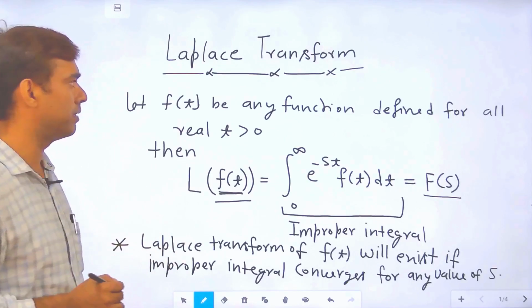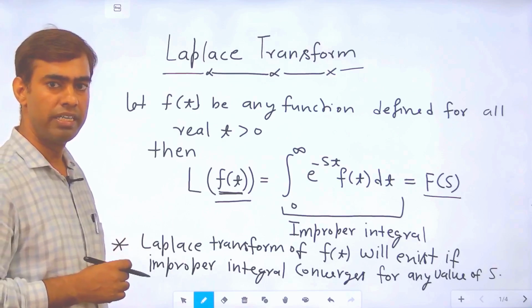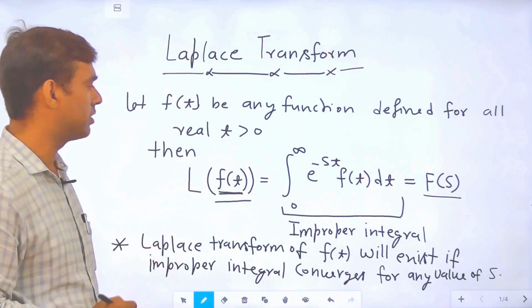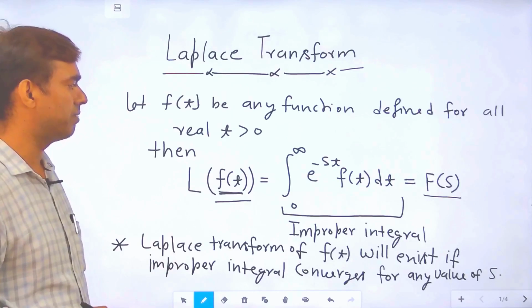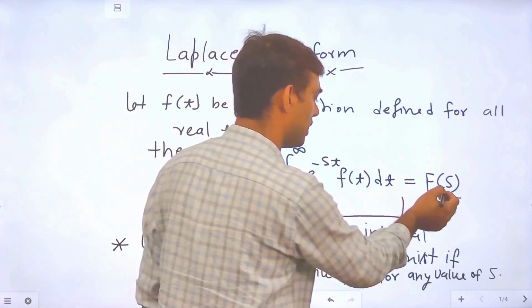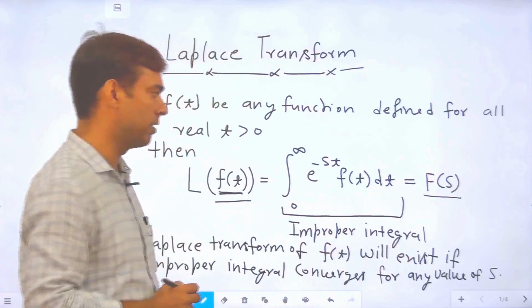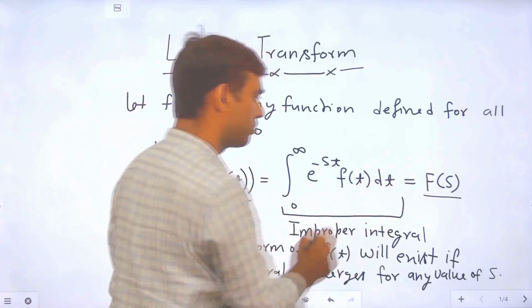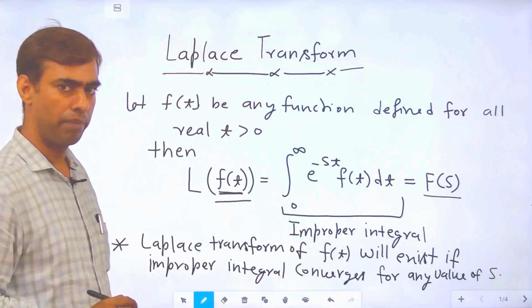Once again, if f(t) is any function defined for all real t greater than 0, then the Laplace transform of f(t) equals the integral from 0 to infinity of e to the power minus st f(t) dt, and this is converted to another function whose variable is s. Here we denote the Laplace transform of small f(t) by capital F(s).